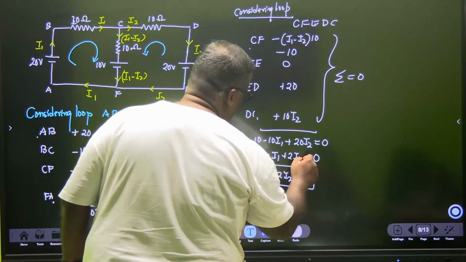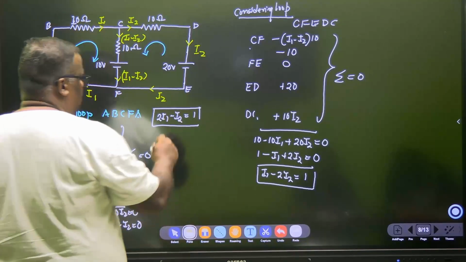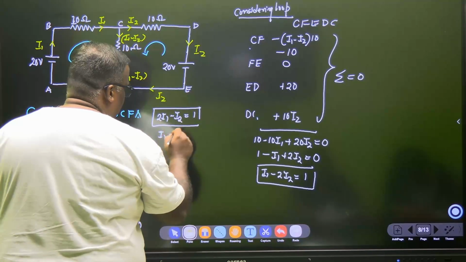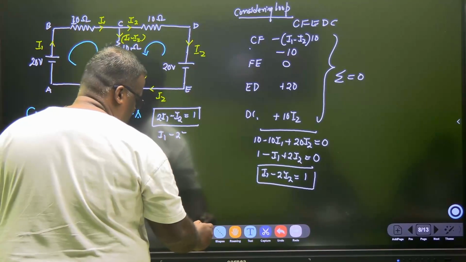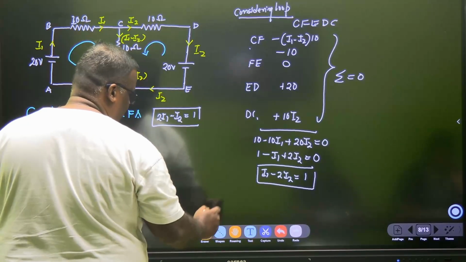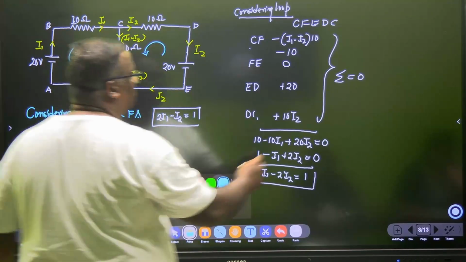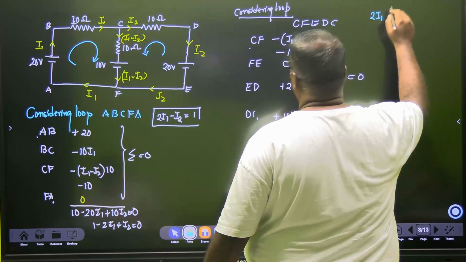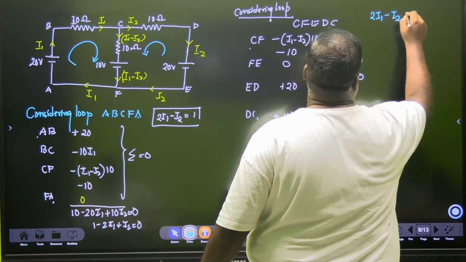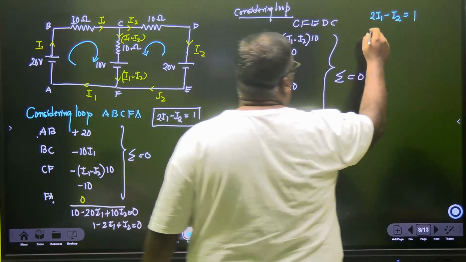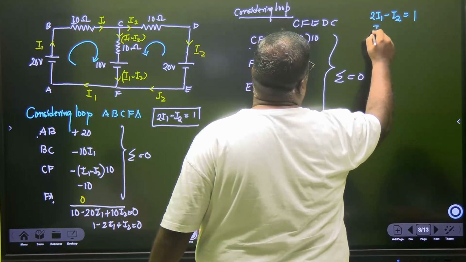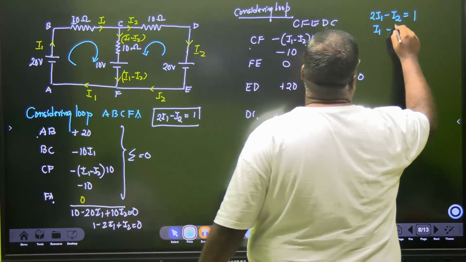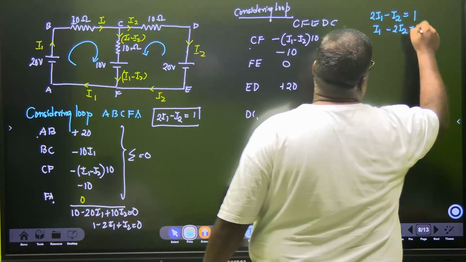Let's not clumsify here. Let's solve it separately. So I have 2I1 minus I2 is equal to 1. I have I1 minus 2I2 is equal to 1.